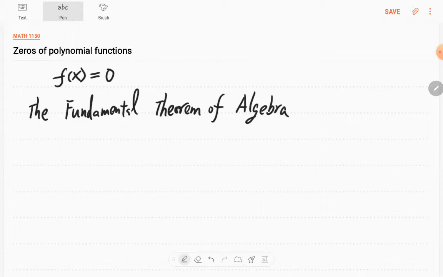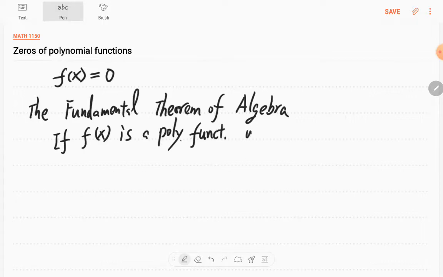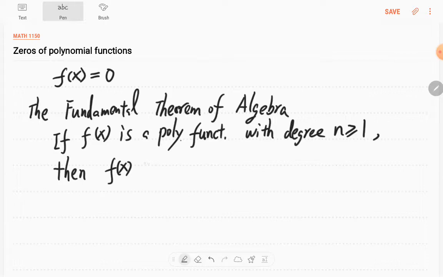It says if f(x) is a polynomial function with degree n greater than or equal to 1, then f(x) has at least one zero in the complex number system.